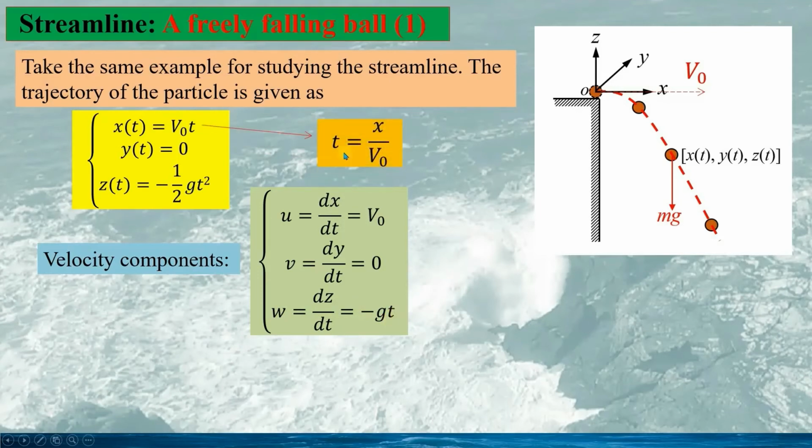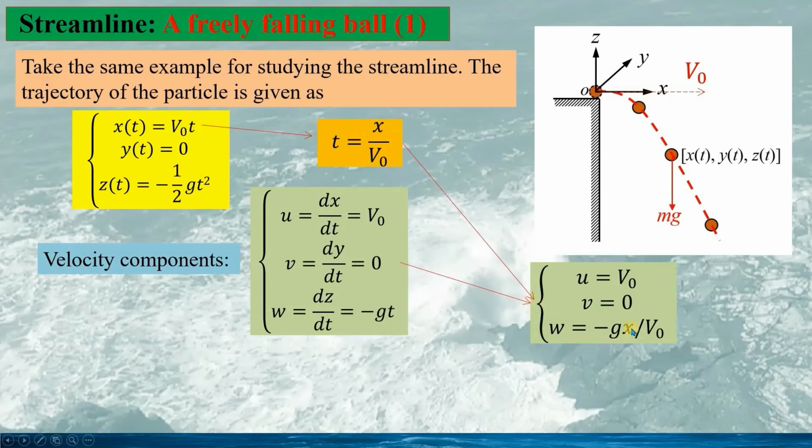And again, we can obtain the time t from the first equation and put these two together. So we have the velocity component in terms of the coordinates rather than the time. So we have the expression for u equals v0, v equals 0, and w given as this.